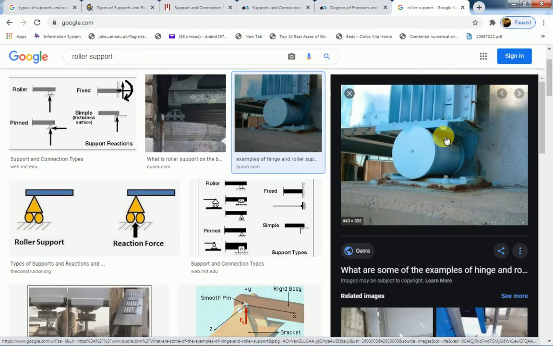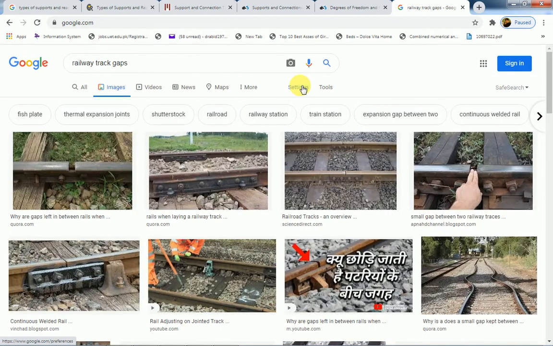The same thing you have seen in railway bridges. There is a gap between the two tracks, the two lines.